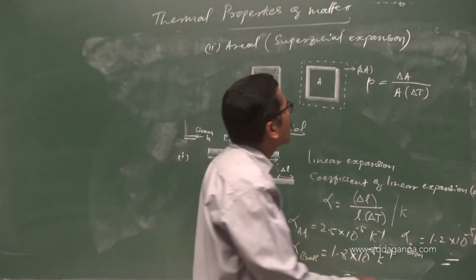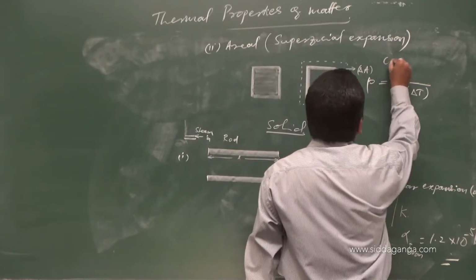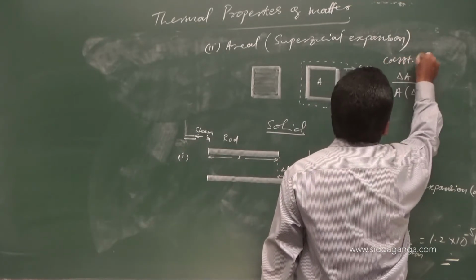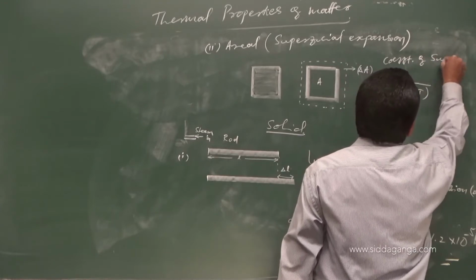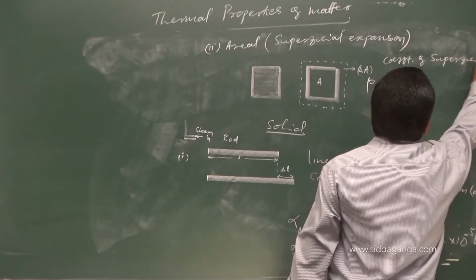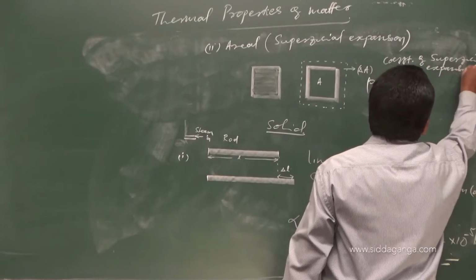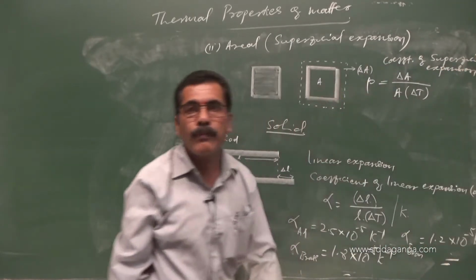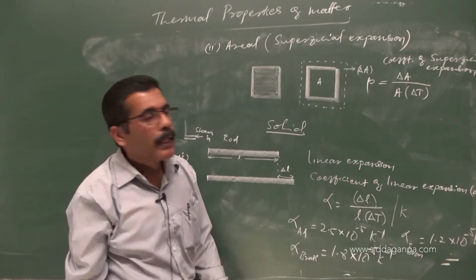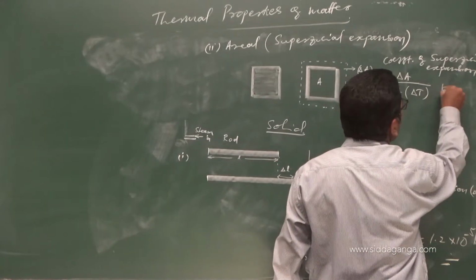We call it the coefficient of superficial expansion, and this is also expressed in terms of per Kelvin.